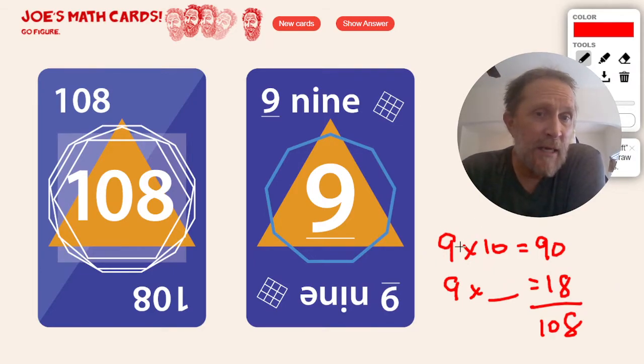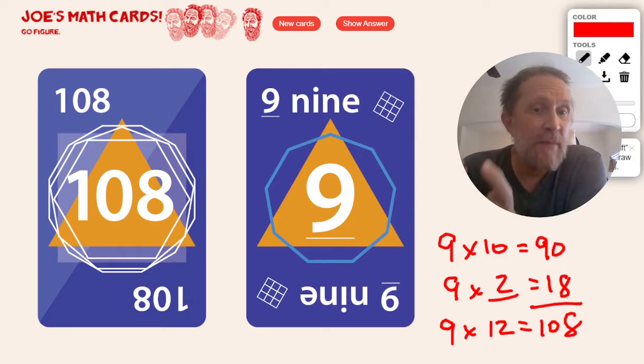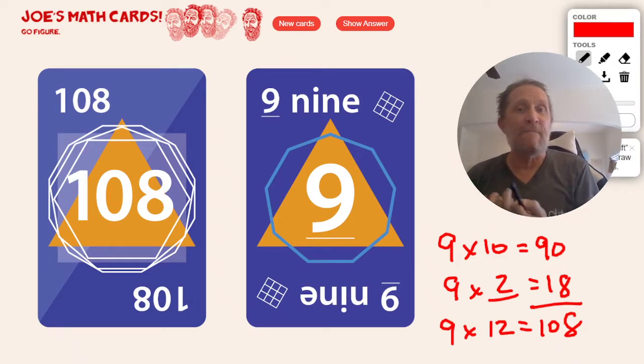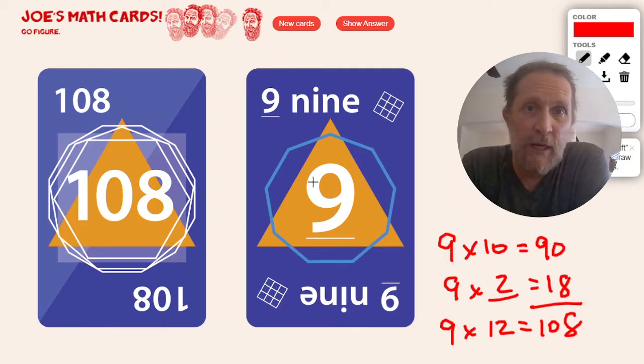So then I just think, well, how much more is 108 than 90? It's 18. That means 2 nines. And that means that 9 times 12 is 108. And so that means that 108 divided by 9 equals 12. And so that's the way I think about that. There we go. 108 divided by 9 equals 12.